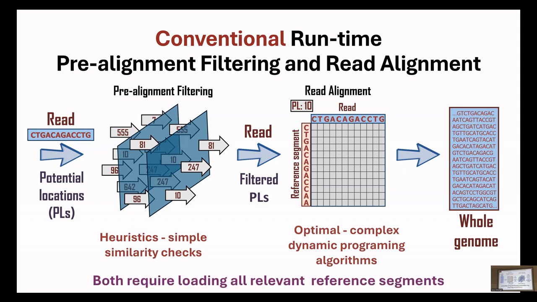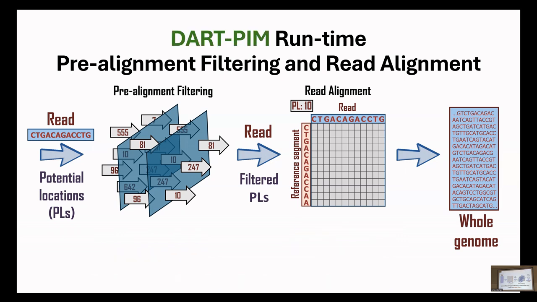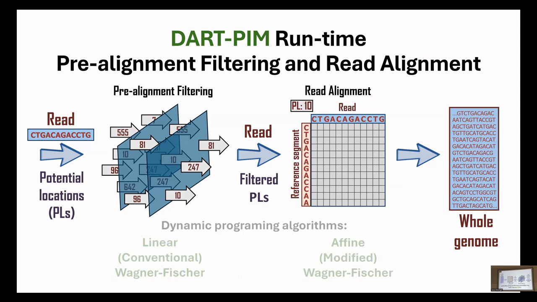And they both require loading the relevant reference segments before the computation. What Dartbeam does, we use dynamic programming algorithms for both. For the filtering, we're using the linear, which is the conventional Wagner-Fischer algorithm. And for the read alignment, we're using the affine, which is a modified Wagner-Fischer algorithm.